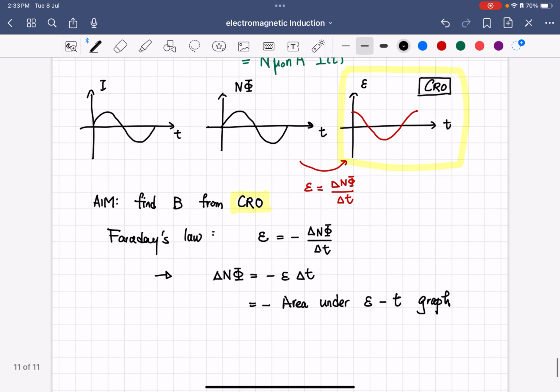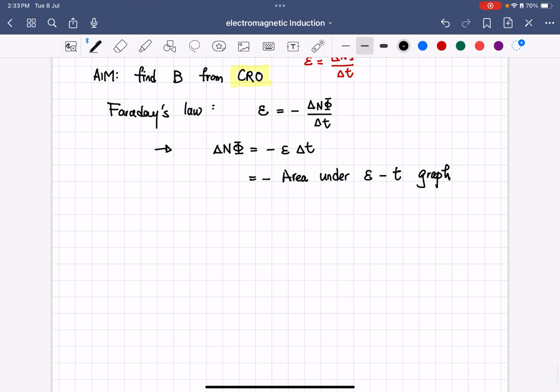In the case of this graph here, let me reproduce it here again. What we can do is look at the graph and then try to find this area.